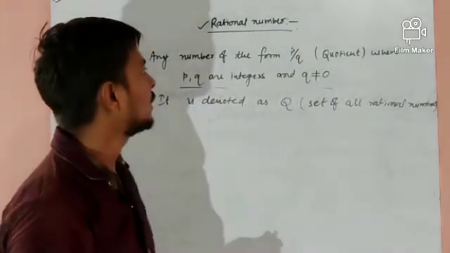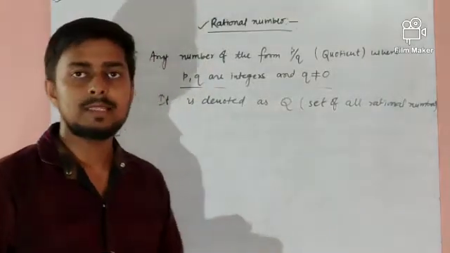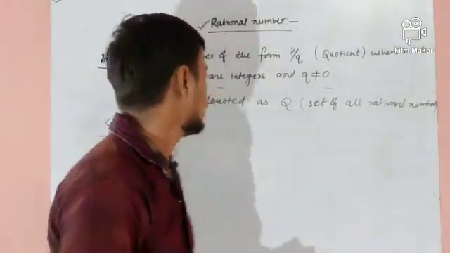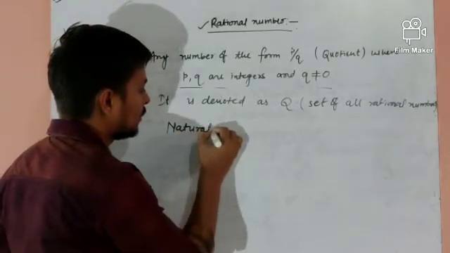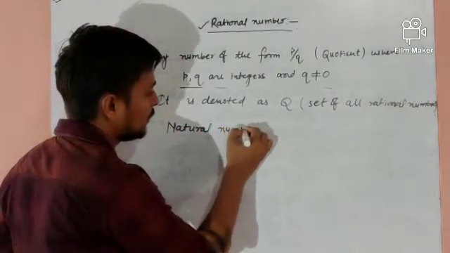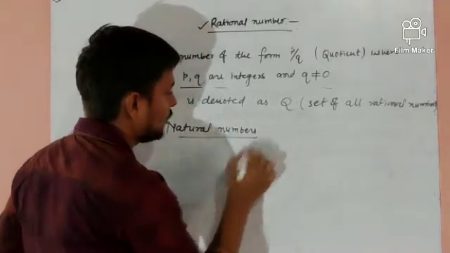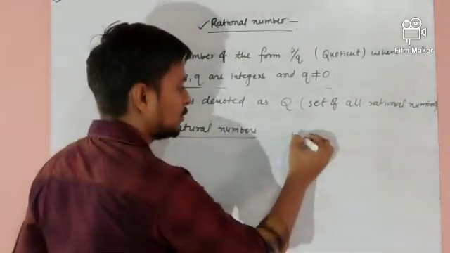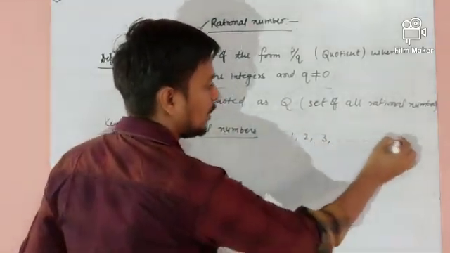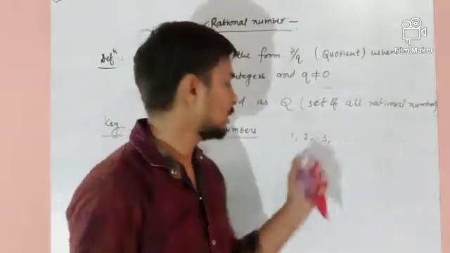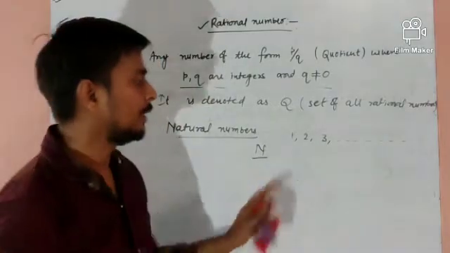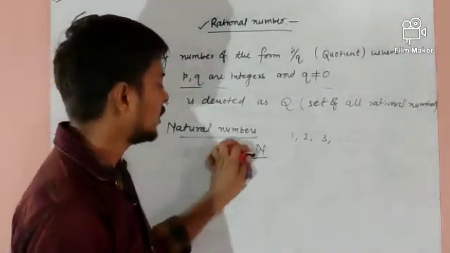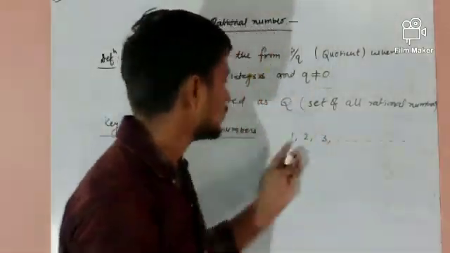Now we will start with the basic number system, like natural numbers. We know that 1, 2, 3 and so on are the natural numbers, denoted by capital N. Just look at these natural numbers.